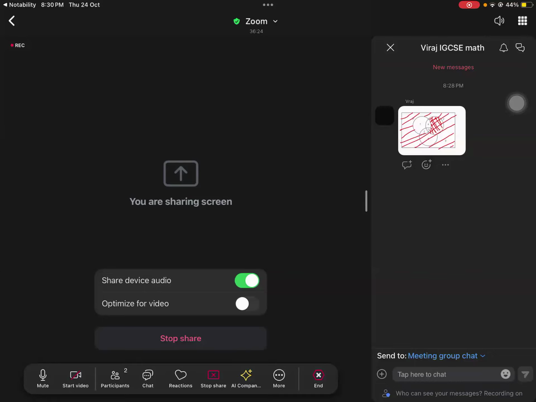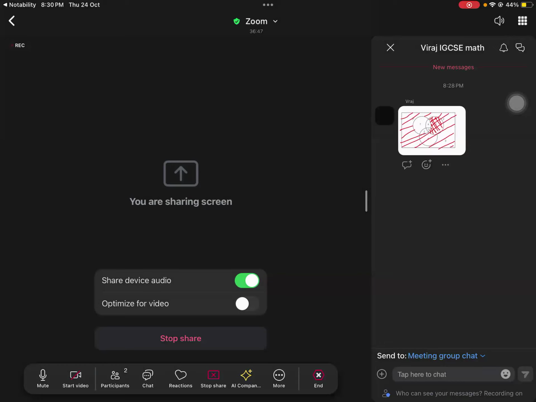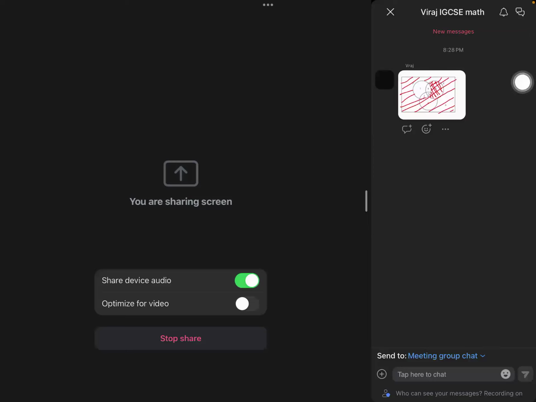There are two regions in your diagram. S as well. Yeah, because you did the universal set and S. Oh no, you know the everything that is shaded, right? Oh, okay, never mind. Okay, yeah, good. You get what I'm saying? Yeah, I got it.